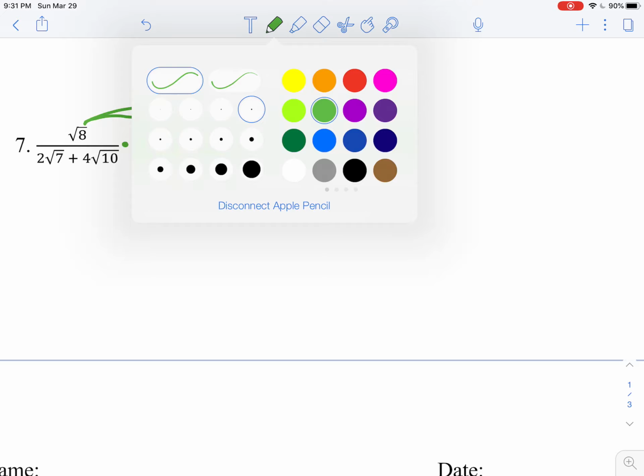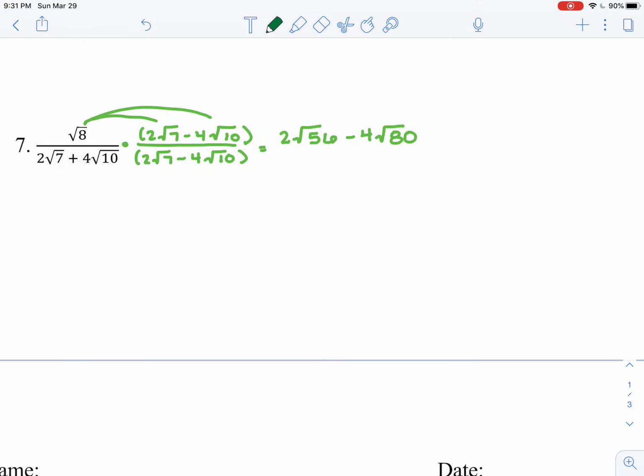So square root of 56 can be broken into the square root of 4 times the square root of 14, but the square root of 4 is 2. So our first term becomes 4 square root 14.